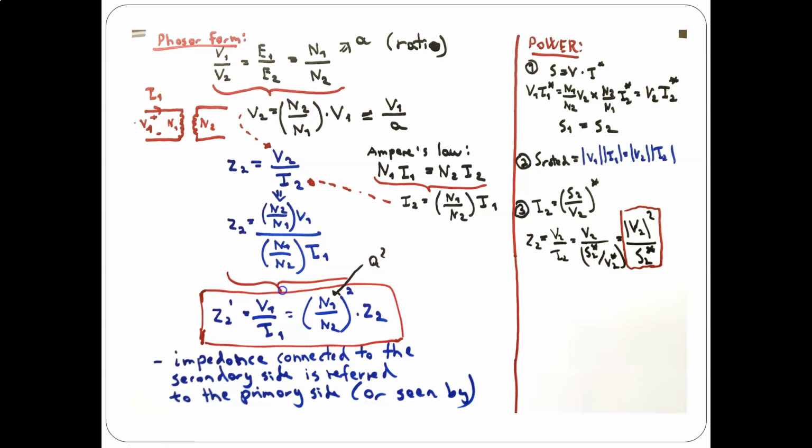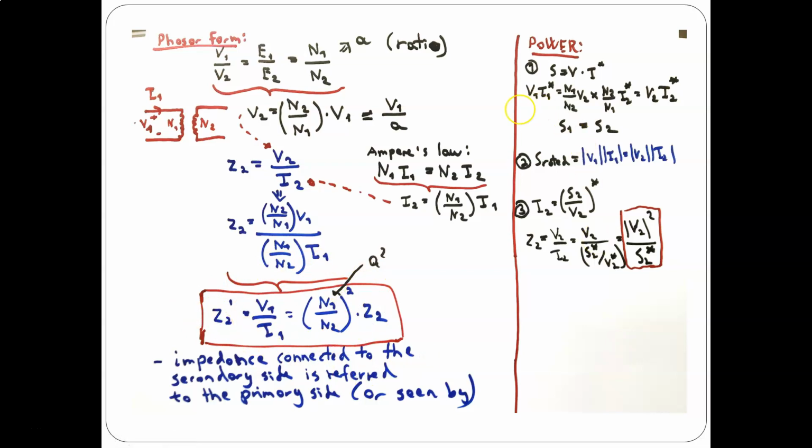That is a very useful simplification, which leads to Z2, the impedance connected to the secondary side, being referred to the primary side, and we get the ratio squared times the impedance at the secondary side. So this is how we can refer it to the other side, and this is a typical way we use it both in the transformer and the generator fashion.